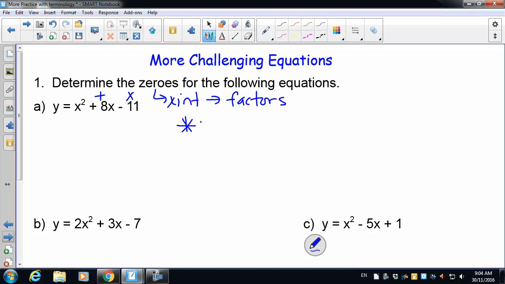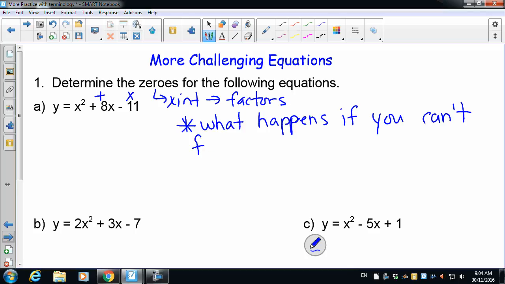So the question is, what happens if you can't factor? So you're in a bit of a conundrum. If you can't factor, the factors tell us the x-intercepts, and the x-intercepts come from the brackets, and if we can't get the brackets, then we're out of luck.